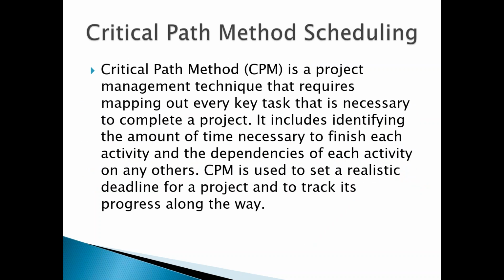We're going to be talking about the critical path method of scheduling. It's basically a technique of building a network of construction tasks, or any kind of task associated with the construction process, to get a good plan in place.